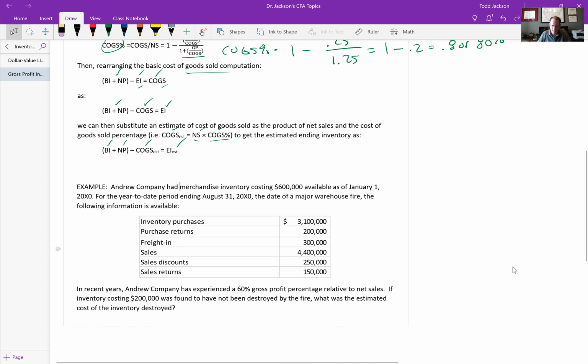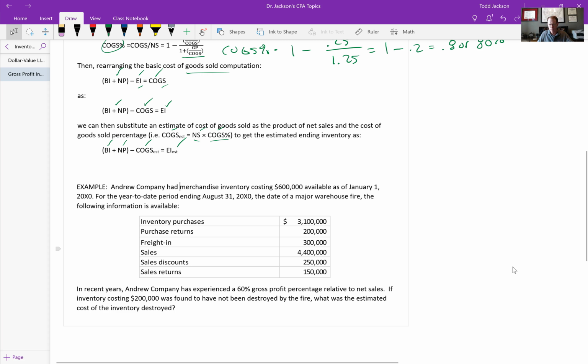This says that Andrew Company had merchandise inventory consisting of $600,000 available as of January 1st, 2000 XO. For the year-to-date period ending August 31, 2000 XO, the date of a major warehouse fire, the following information is available. We have the purchases for the period, January 1st through August 31st, $3.1 million.